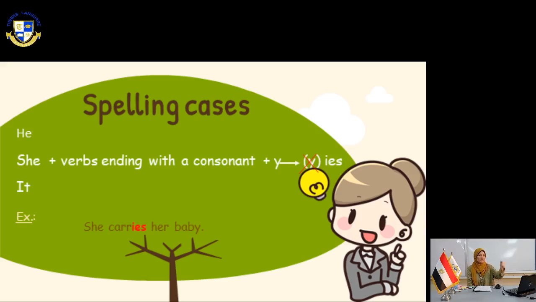The consonant is not strong enough to catch the Y. So the Y will run away and we will put I-E-S. For example, she, carry, will be carries. There is no Y in the verb and we put I-E-S. She carries her baby. She carries her baby because we have R. R is not a strong vowel to catch the Y.